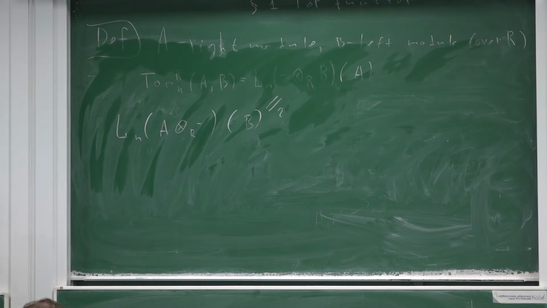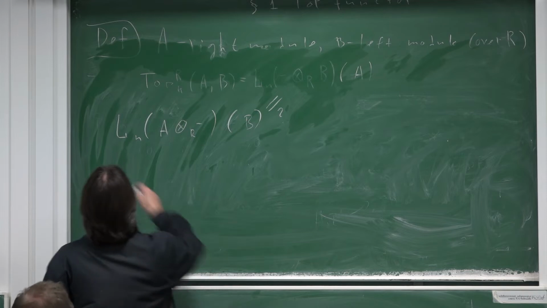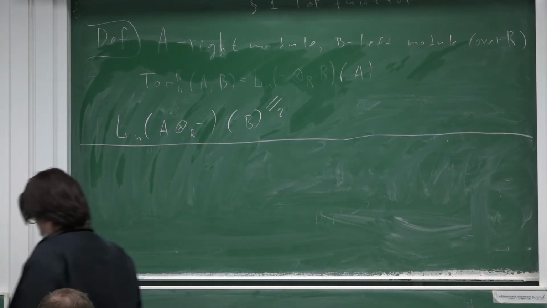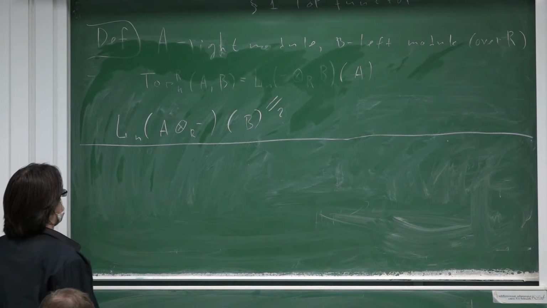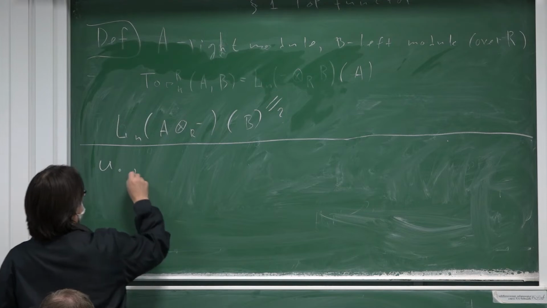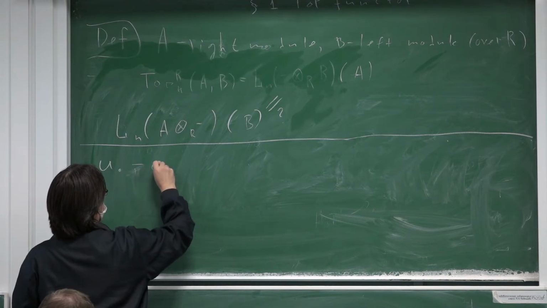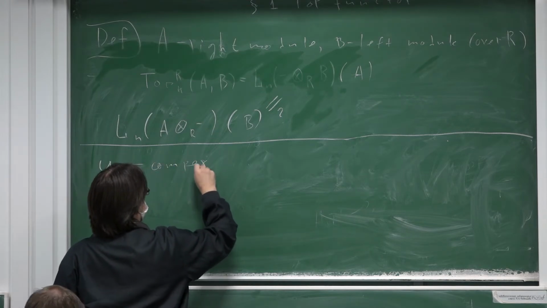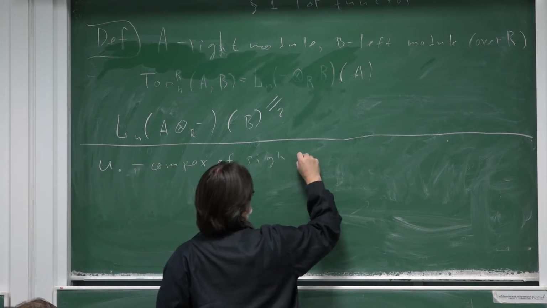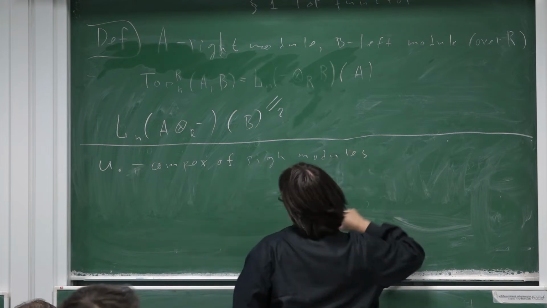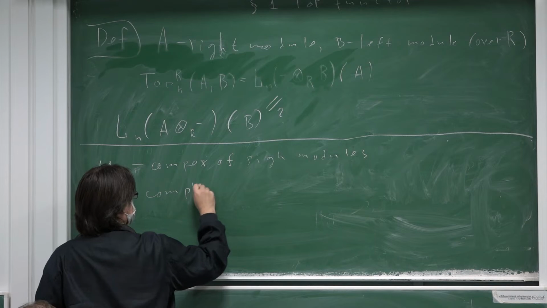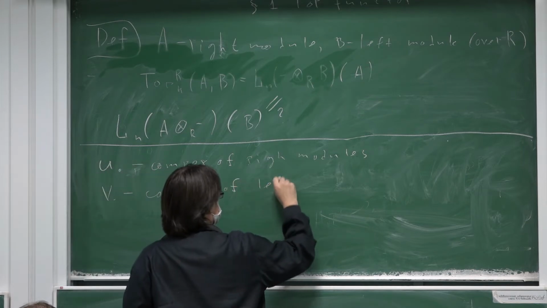But before proving, we will introduce one more construction. Let us suppose that we have two complexes. U is a complex of right modules and V is a complex of left modules.